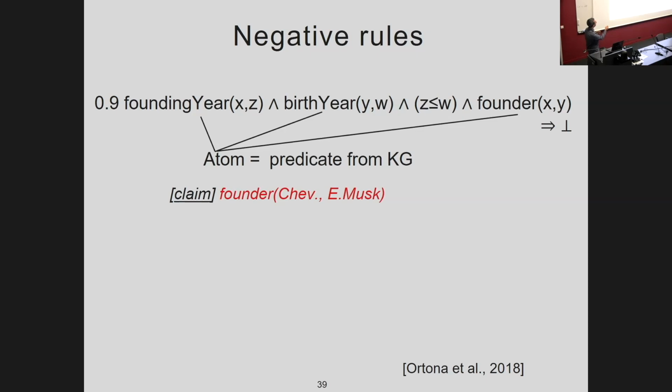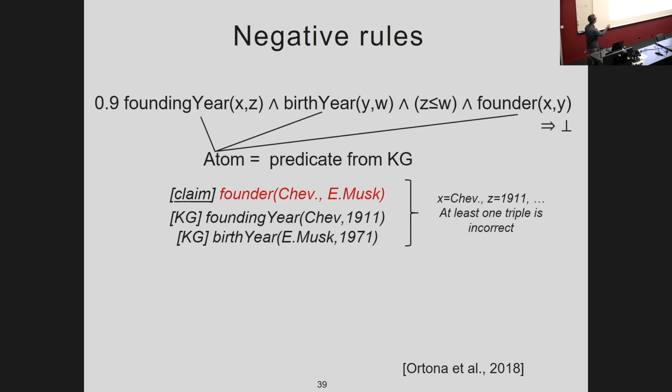So we start from the claim: is founder, Chevrolet, Elon Musk. If we try to instantiate this rule, we know X, Chevrolet, Musk, so we query the knowledge base to see if we have founding year and birth year. If this triggers, we know that at least one triple among them is incorrect. Remember our little assumption that we believe that those are likely to be correct.